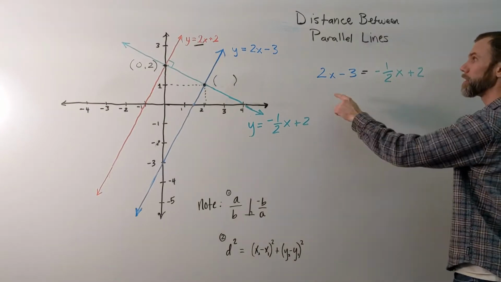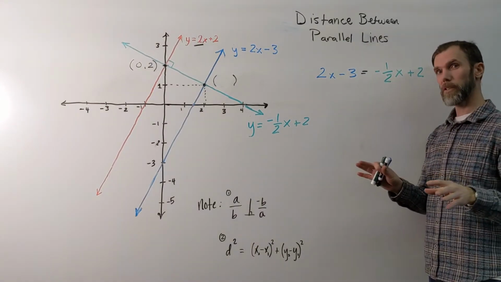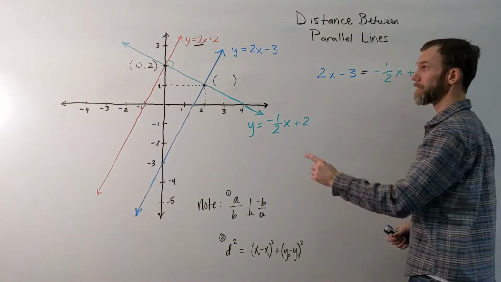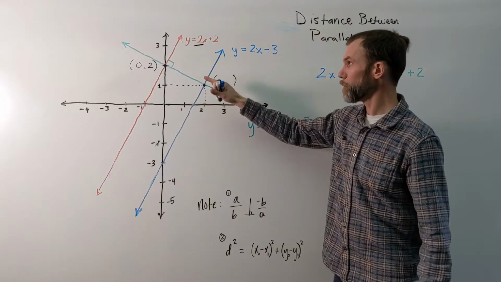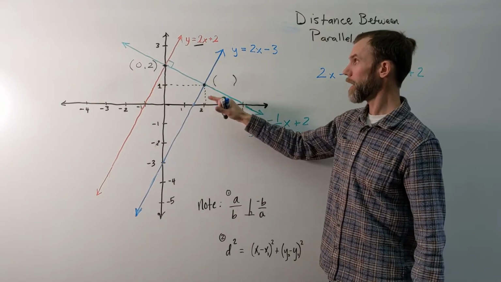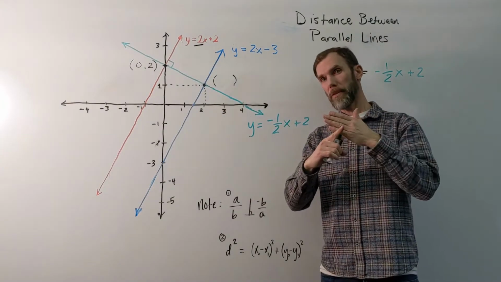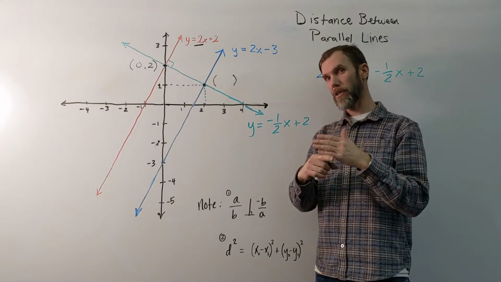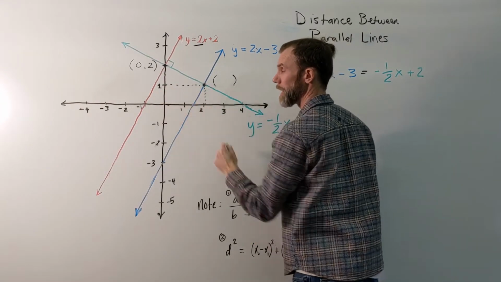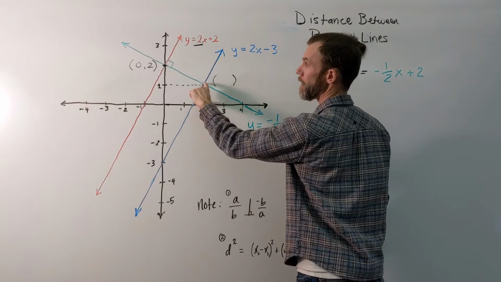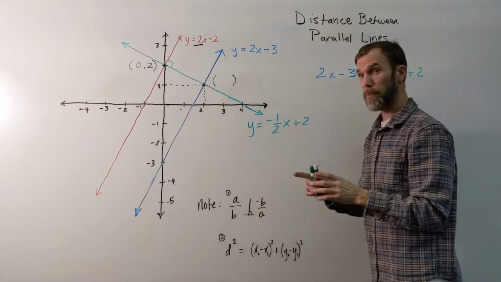Now, when we're solving a system of equations, we don't care about every point. All we care about is this one point, where the blue line and the green line are the same. That's the point that they share. So the x value here is the same for both lines, and the y value, which is the height, is the same for both lines.